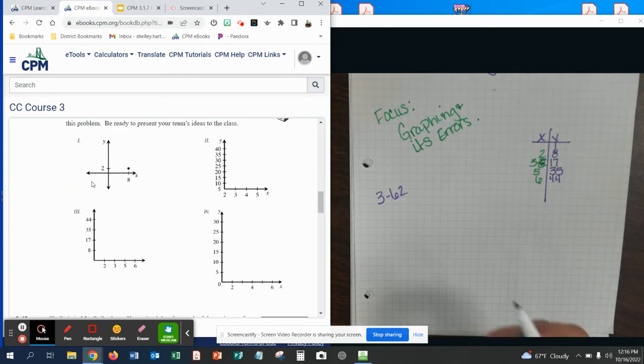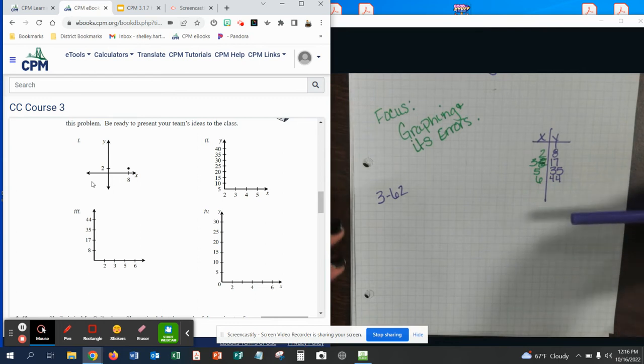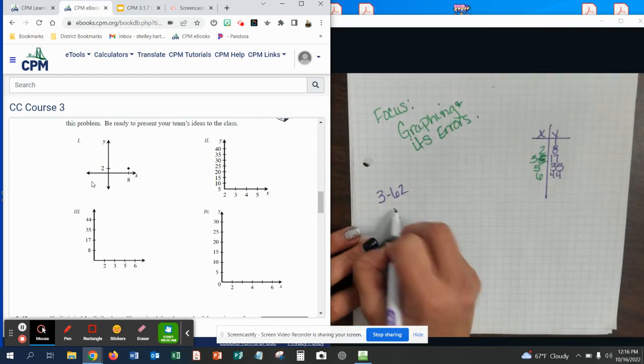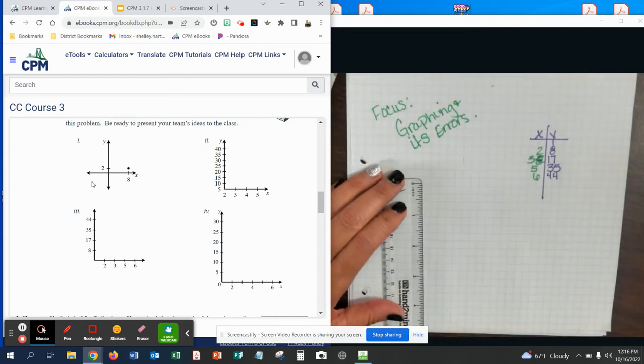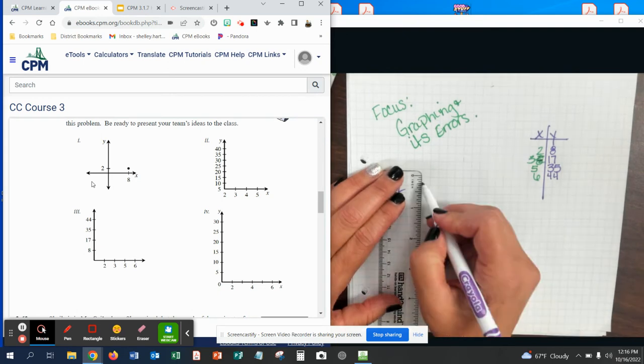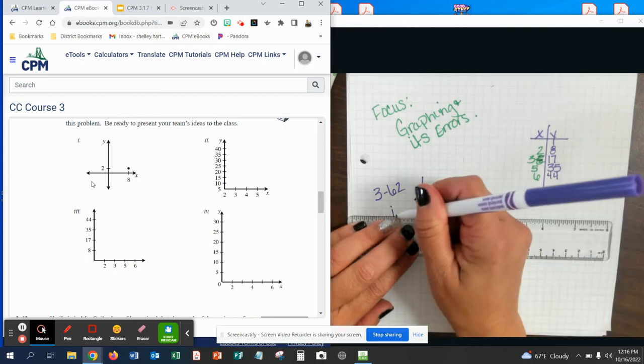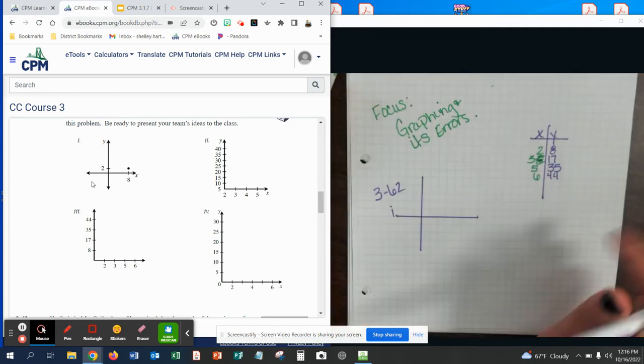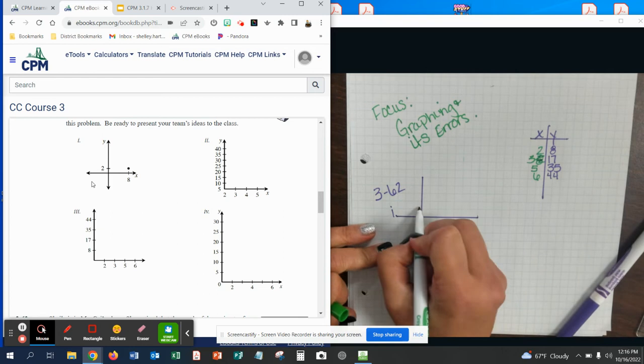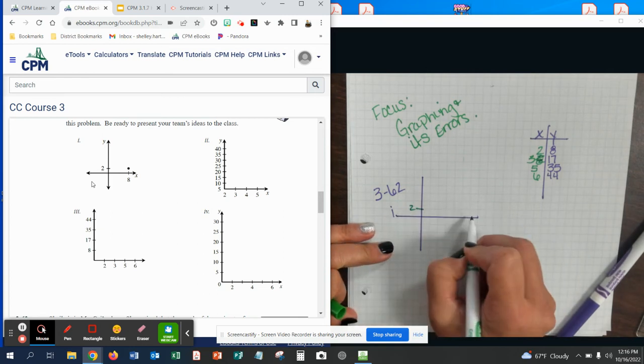If you take a look at number 1, I'm going to graph it really quickly. They've used a 4-quadrant graph, and they went 2 and then 8.